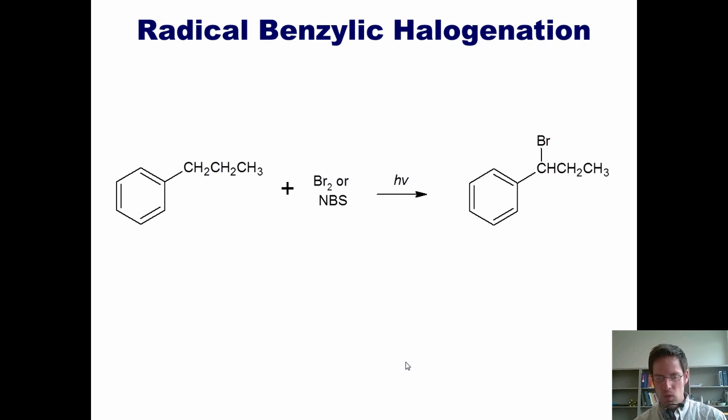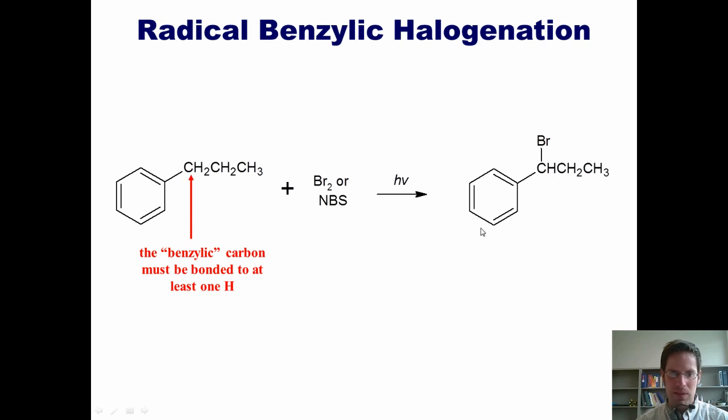Now we move on to a new reaction, radical benzylic halogenation. Thus, if I treat an alkylated benzene like this with Br2 or NBS and light, which is abbreviated hν here, or hv if you don't have the right font, I will place a bromine on the benzylic position.